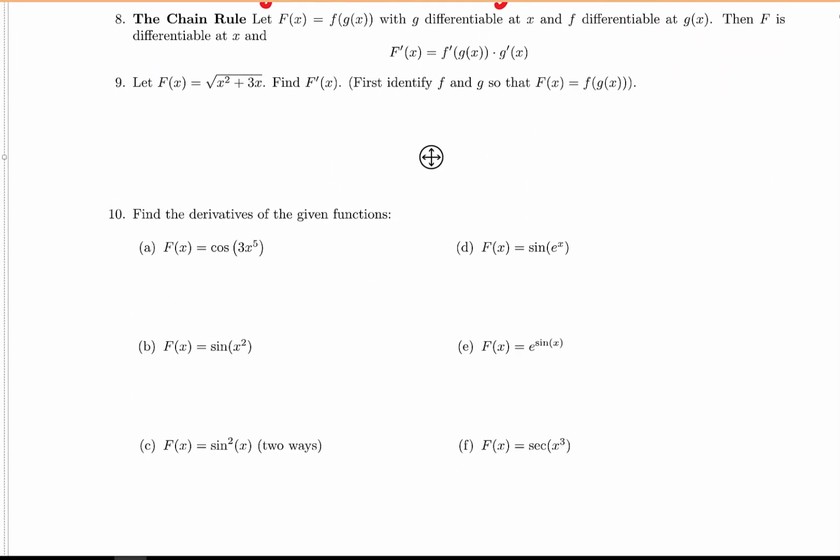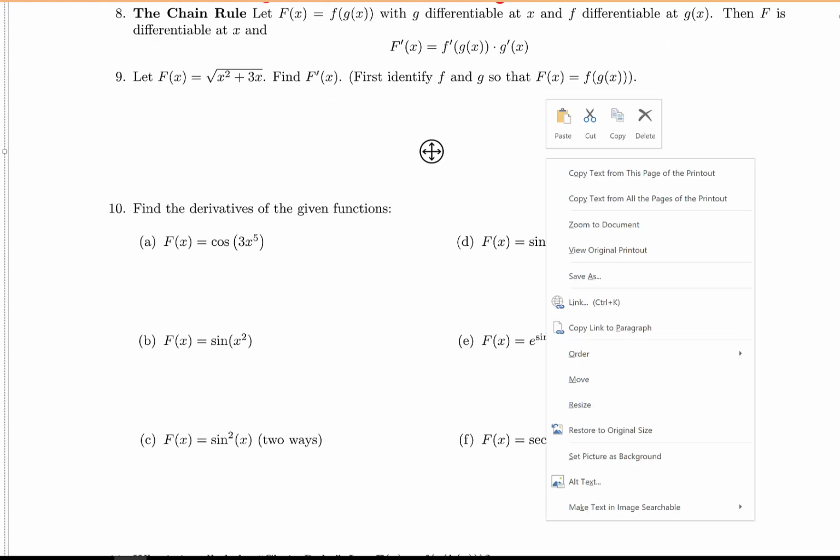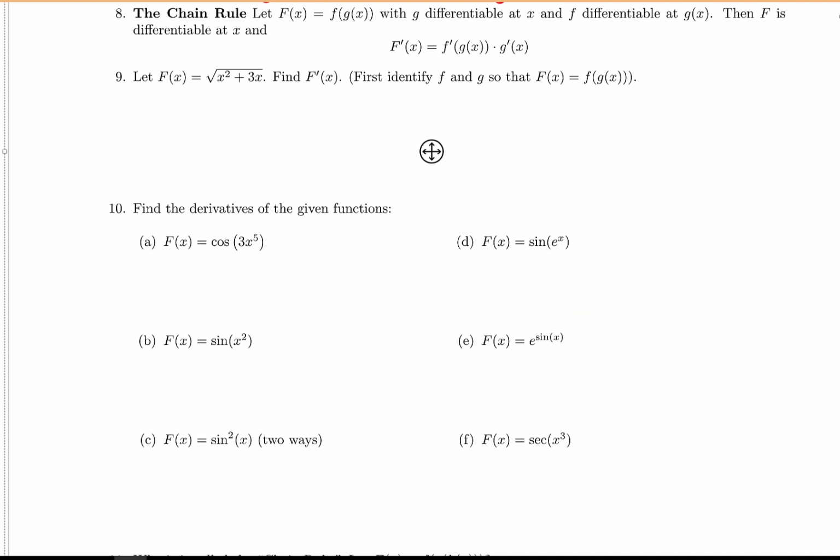So now that we've reviewed function composition, we're ready to talk about how you take derivatives of compositions of functions. Okay, so there's not much to the statement of the chain rule. The chain rule says that suppose you've got some function that is a composition of two functions, and both of them are differentiable in their required places. Then the composition is also differentiable.